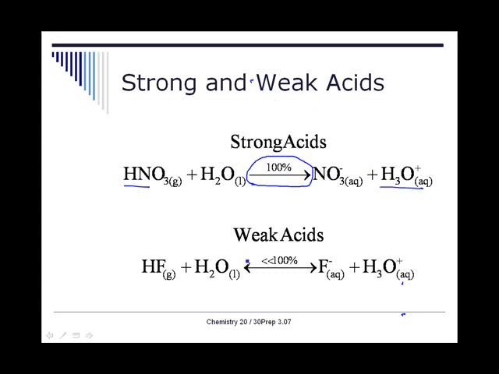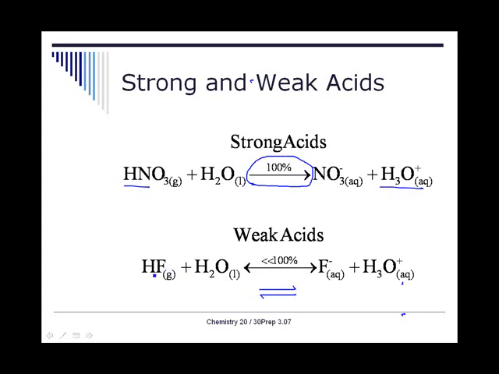There's our hydronium ions. For weak acids, we have this two-headed arrow. In your textbook, the way you should write it is actually like this. I just don't have that symbol available to me on my computer, but this symbol represents an equilibrium reaction, or one that doesn't go 100%.